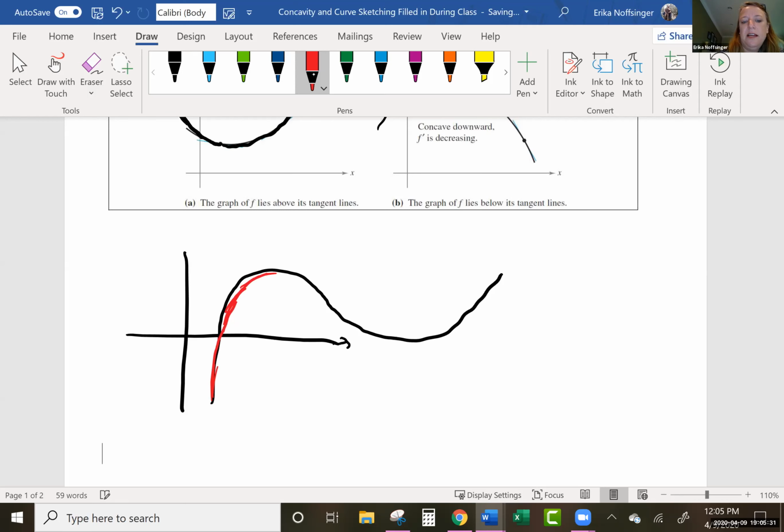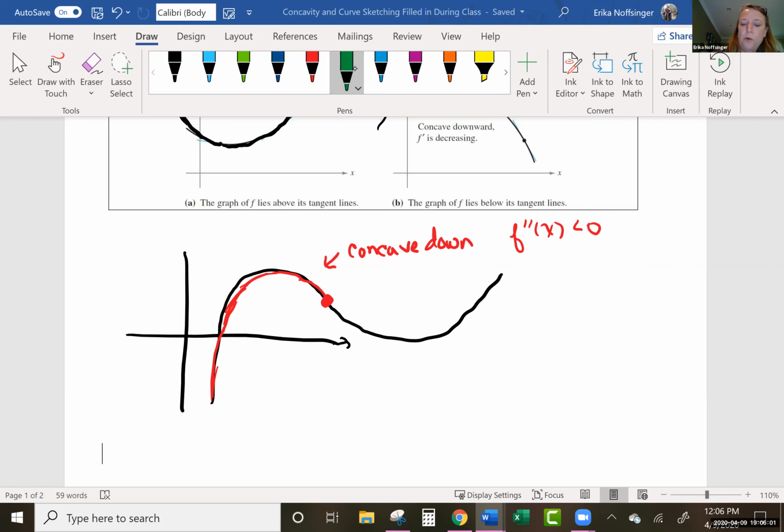This piece in here, this is concave down until I reach about here. And I could find this interval by taking the second derivative. And this is going to occur when the second derivative is less than 0. It's a negative number. So notice that at this point, it starts to change concavity. So now it's not concave down anymore, it's concave up.